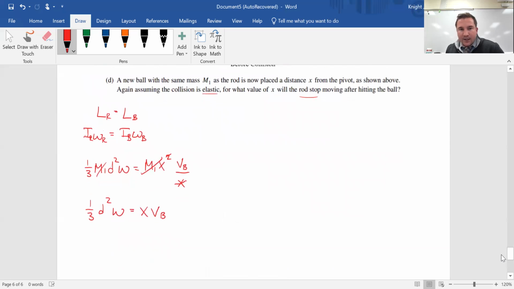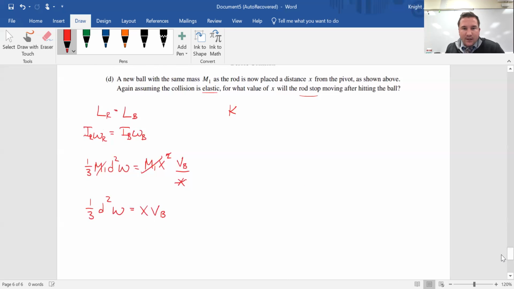We use kinetic energy. So we know kinetic energy of the rod is going to equal kinetic energy of the ball. Rod has rotational kinetic energy, 1/2 I omega squared. Ball has linear kinetic energy, 1/2 mv squared. 1/2s cancel.